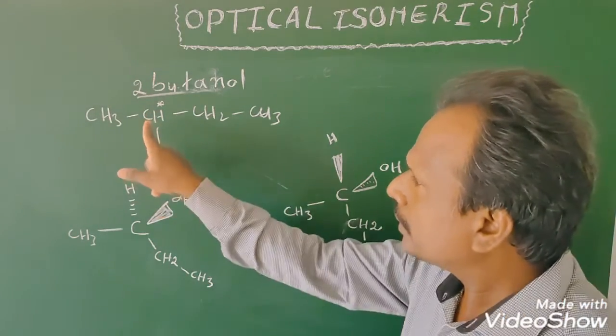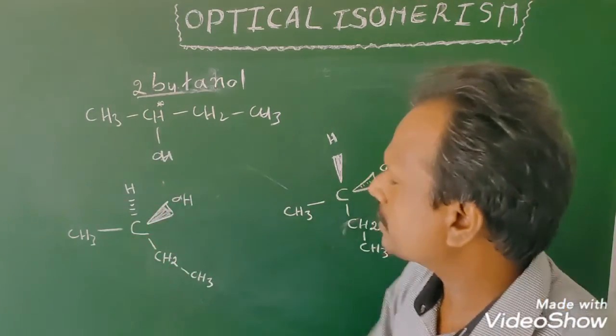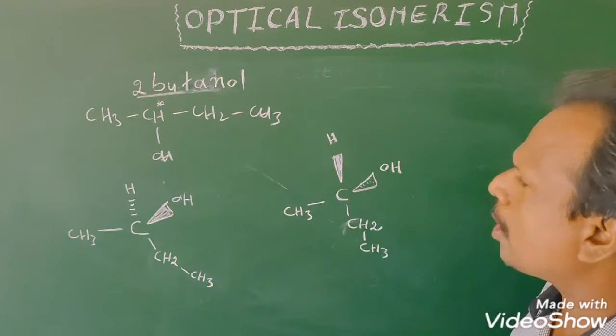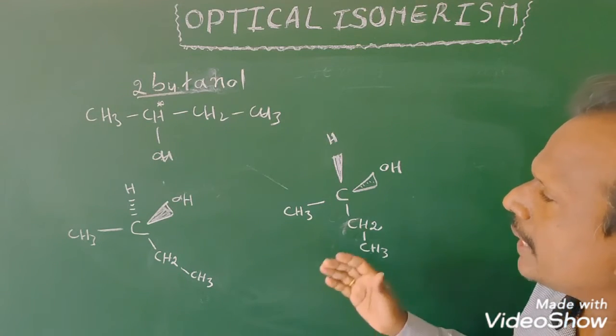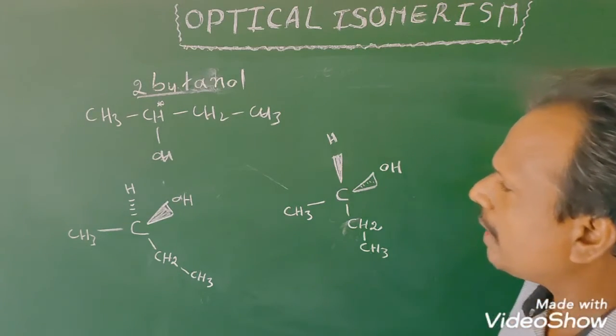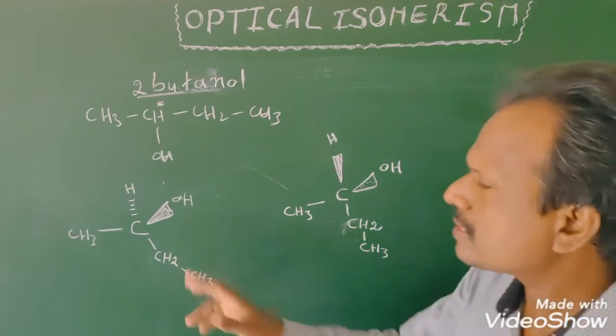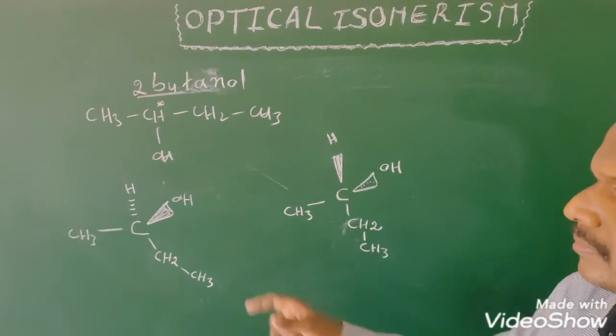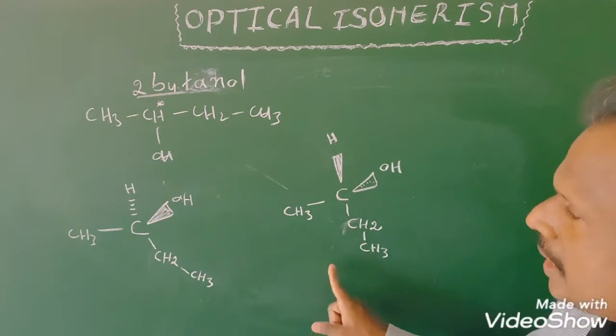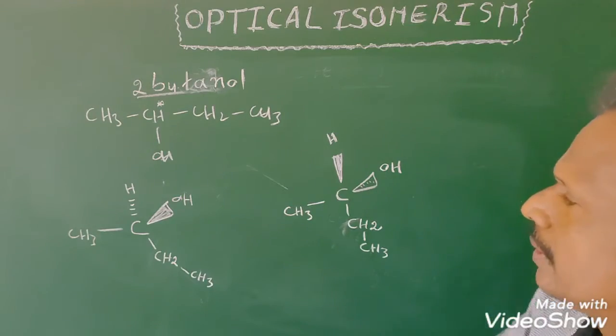In one isomer these four groups are clockwise; in the other isomer they are anti-clockwise. They differ in the spatial arrangement of atoms, so these two are stereoisomers, called optical isomers.